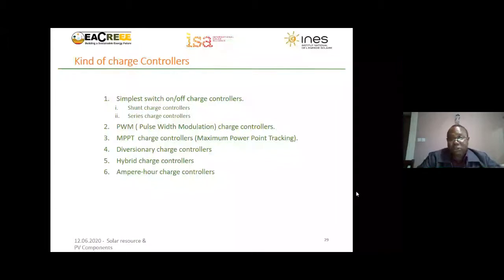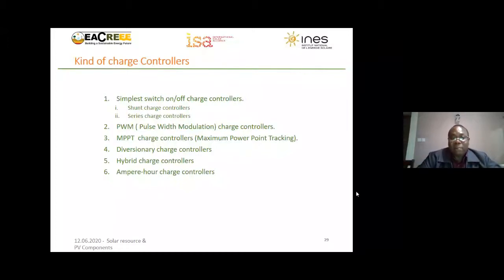This one also works on pulses. But when it is at float voltage, it keeps on going on and off, and the pulses vary in terms of time, depending on the state of charge of the battery.